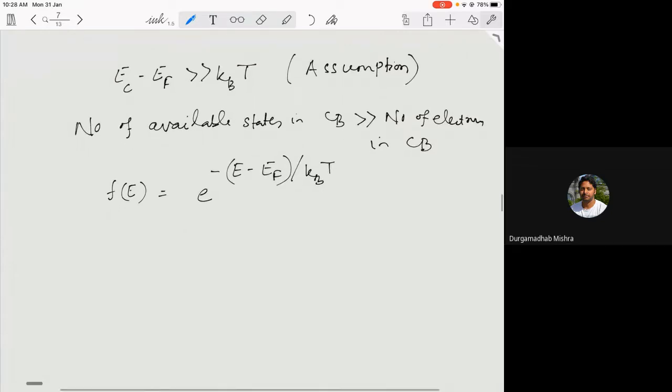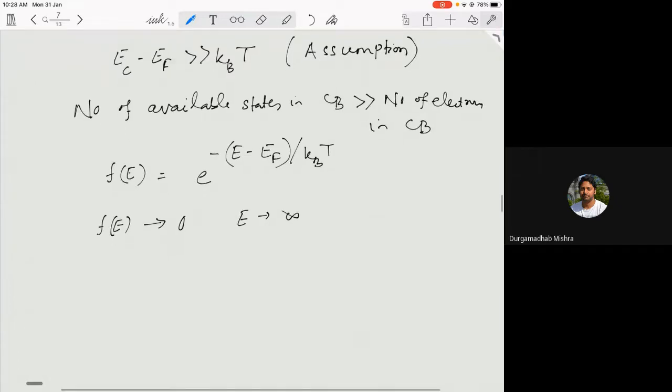Another thing you would notice is that this probability of occupying, f of E, goes to 0 when E goes to infinity. Now what is G, the density of states? We will use the same expression that we had earlier.